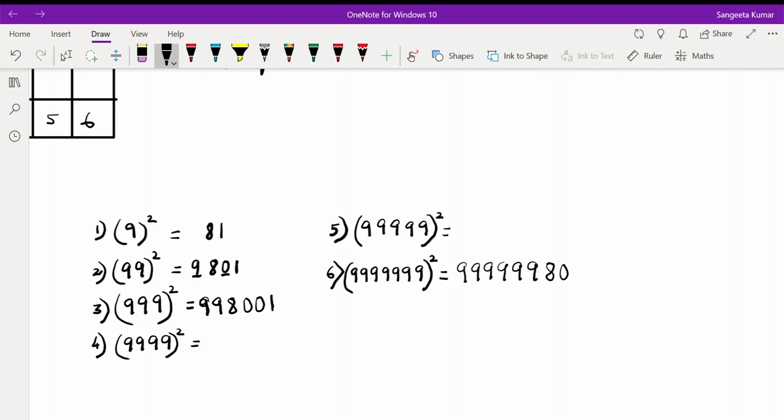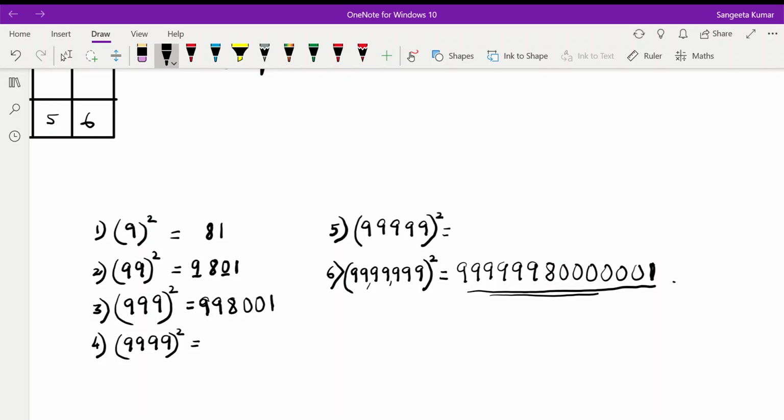Then again we will have 6 zeros. And then lastly we will have 1. So this will be the answer of squaring this number, that is 9999999. I hope it is clear to all of you.